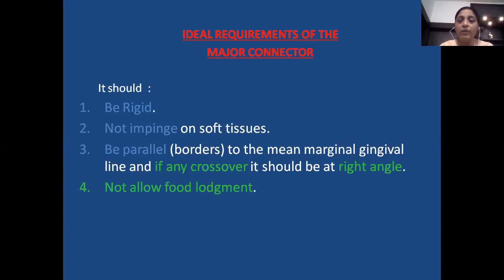The second requirement is that the major connector should not impinge on the soft tissue. Now for this, the superior border of the maxillary major connector should at least be 6 mm away from the gingival margin, and the superior border of the mandibular major connector should at least be 3 mm away from the gingival margin. If they maintain this much distance from the gingival margin, there will be no impingement on the soft tissue.